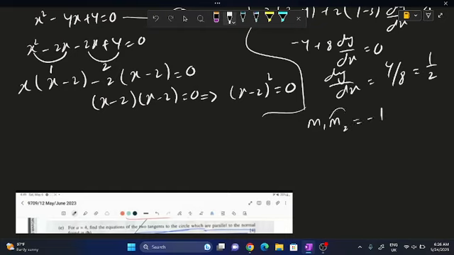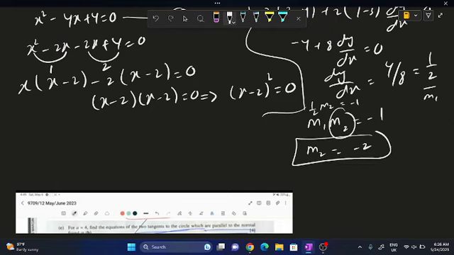So you have to find this m2 actually. This is your m1. When you put m1 equals 1 by 2 and figure out m2, that gives you m2 is equal to minus 2. You can check: in place of m1 you put 1 by 2, times m2, which is equal to minus 1. Do the cross multiplication over here, and m2 gives you minus 2. Now you know the value of m2.